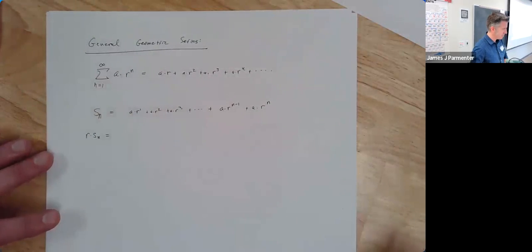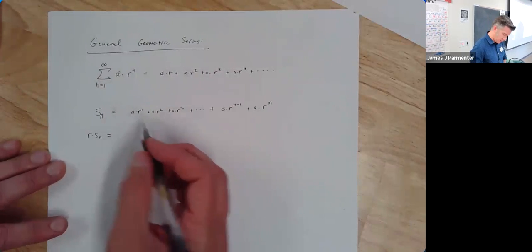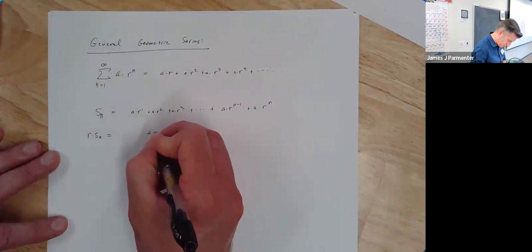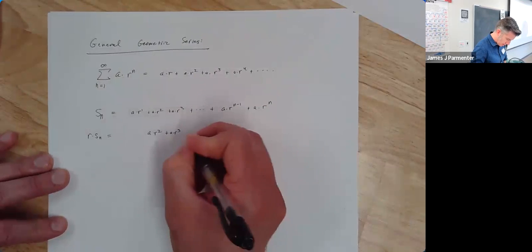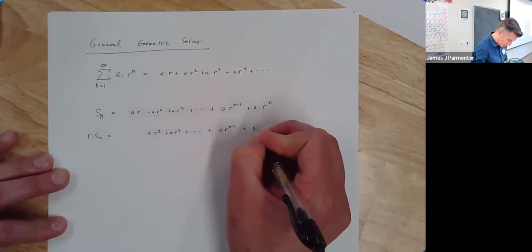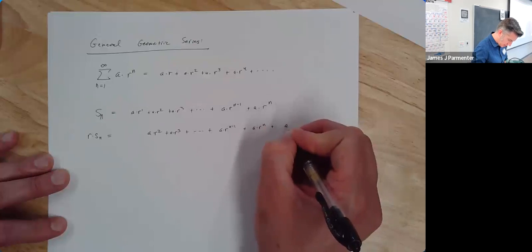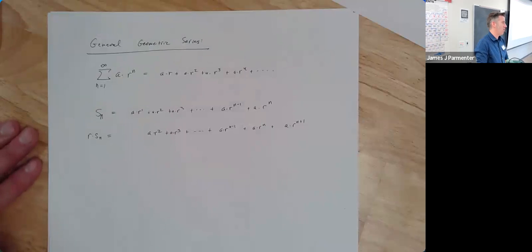Now I'm going to offset it just a little bit. I multiply each of these terms by r: a times r becomes a times r squared, and the next one will be a times r cubed. And I'll get a times r to the n minus 1, a times r to the n, and my last term will be a times r to the n plus 1. Essentially, each term has one higher power of r. Makes sense. Everything got multiplied by r.